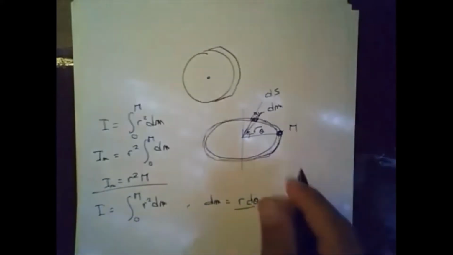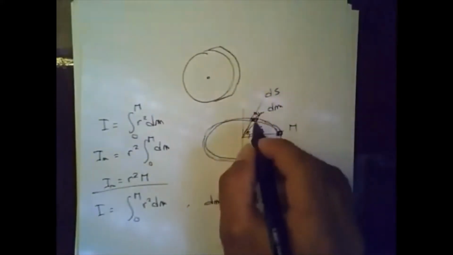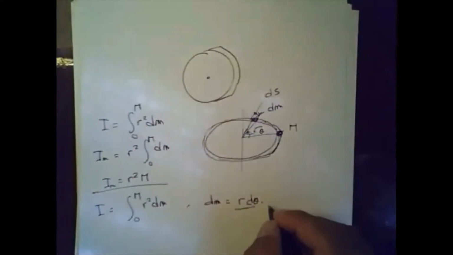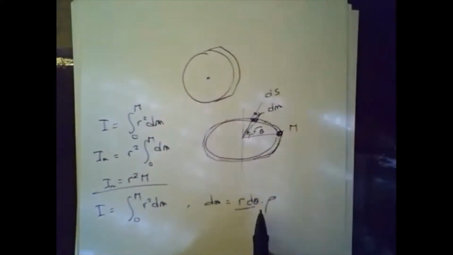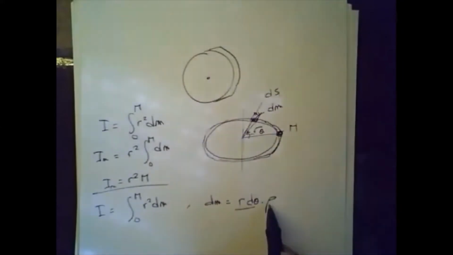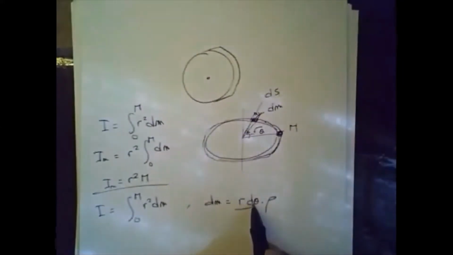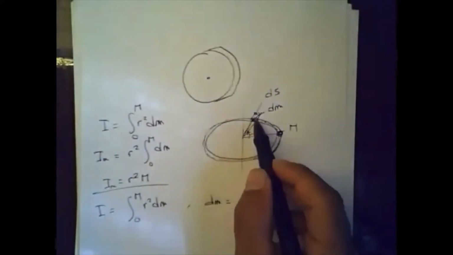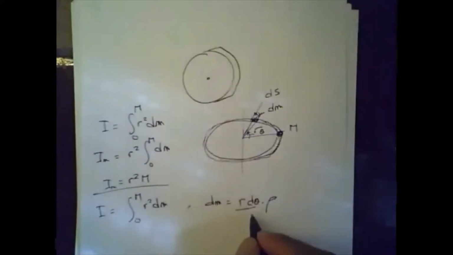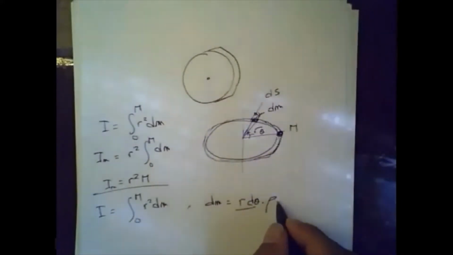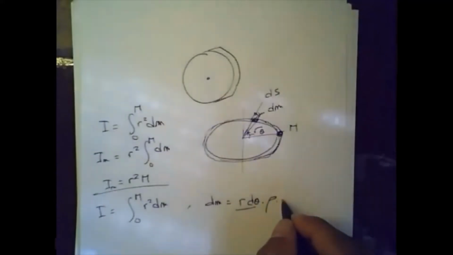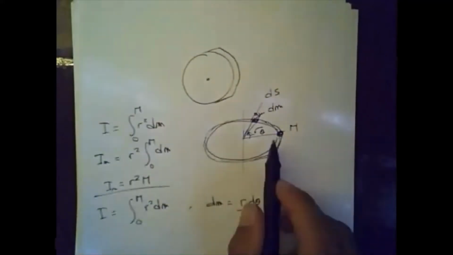So we're not done here. r times d theta gives me ds, a length, and I need to multiply it by the density and the cross section of that ring.